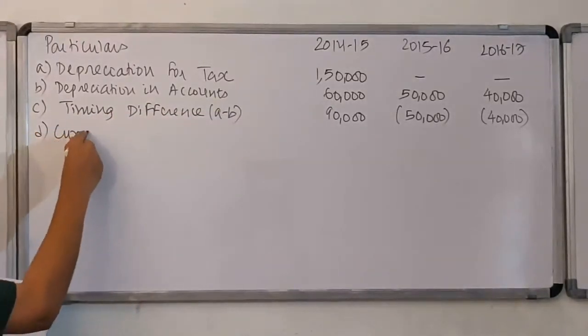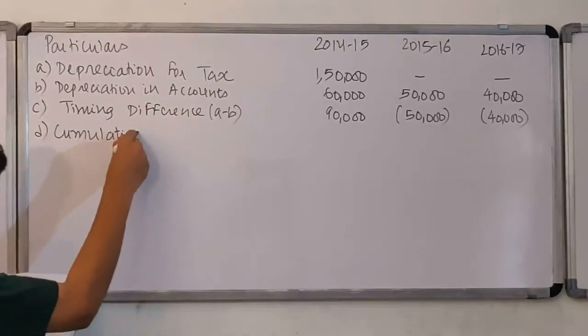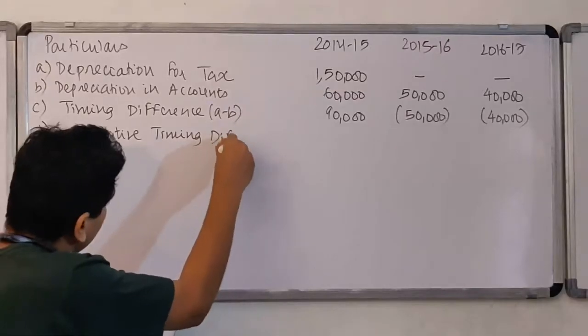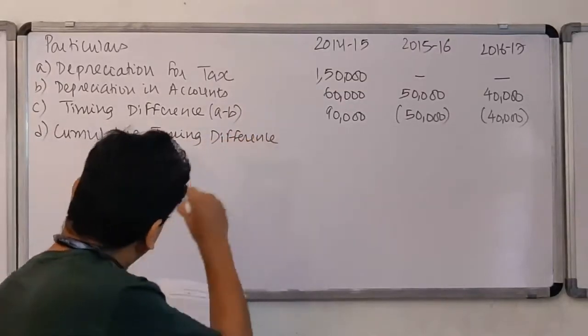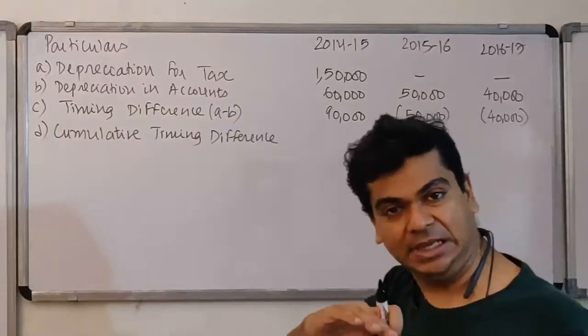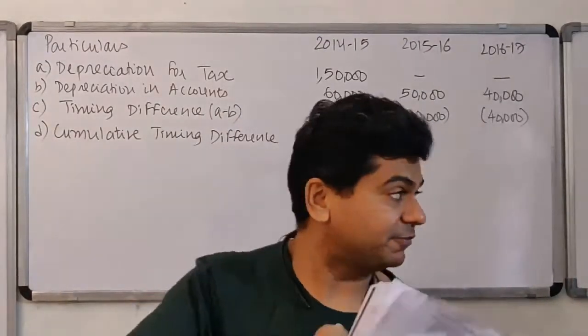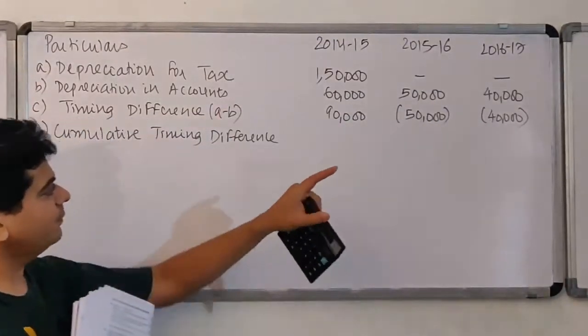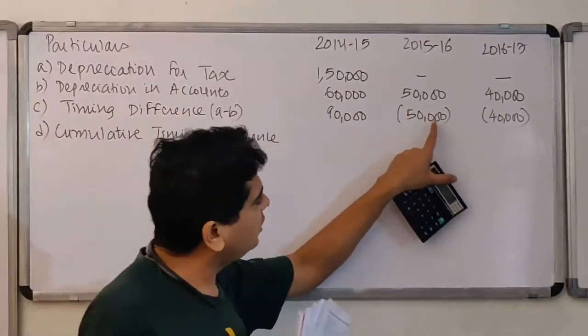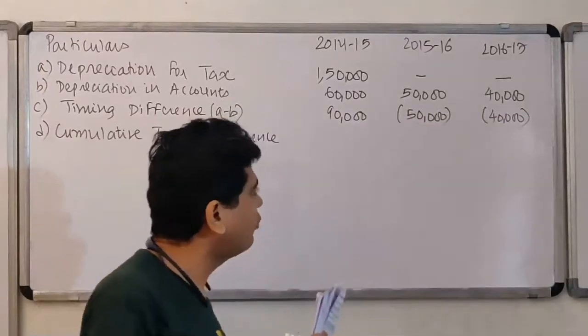This will give you cumulative timing difference. This will basically demonstrate how the timing difference is reversing itself. How will I do it? Just see. 90,000, to that I will add negative 50,000, and to that I will add negative 40,000.